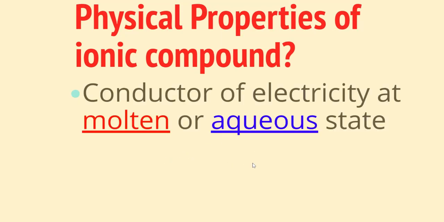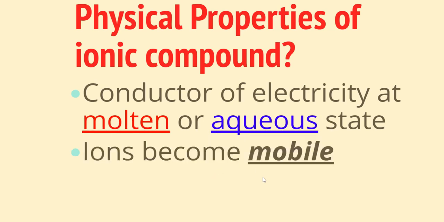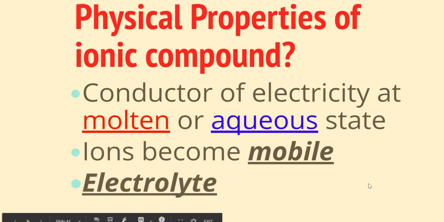Some more physical properties: they can conduct electricity in molten state or aqueous state. Actually, this is very easy to understand. When the ionic compound is in molten state or aqueous state, the ions become mobile, then they can be attracted towards different terminals of the power supply.